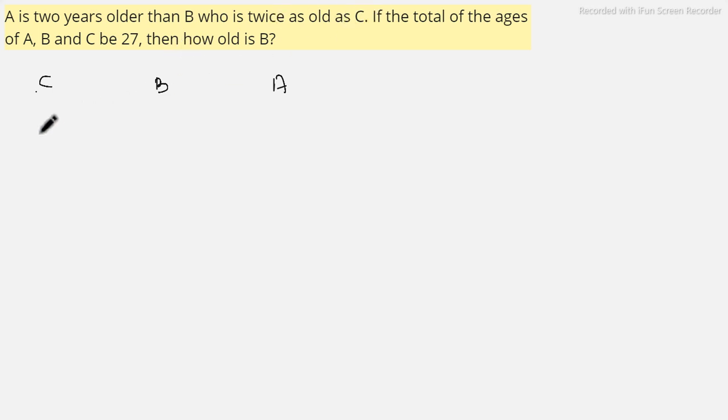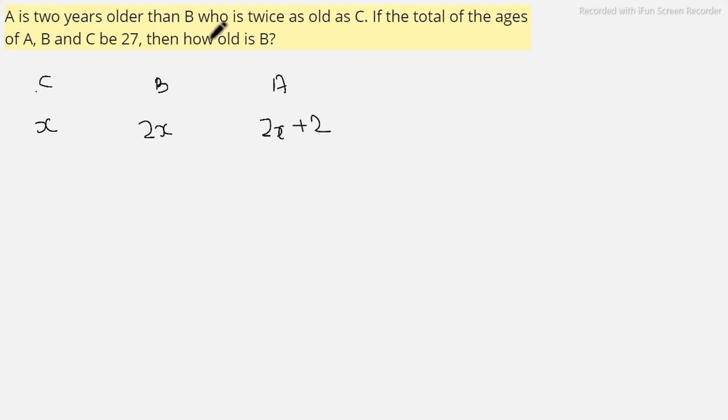So let the age of C be x. B is twice as old as C, so age of B will be 2x. And A is 2 years older than B, so 2 years older means 2x plus 2.